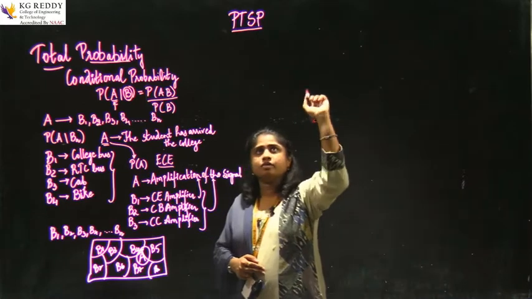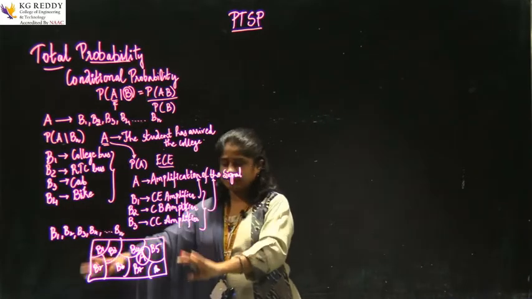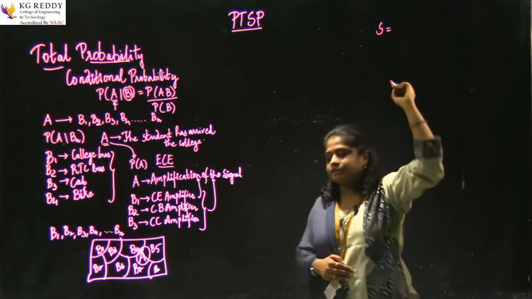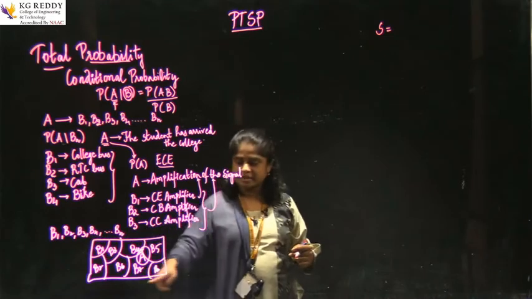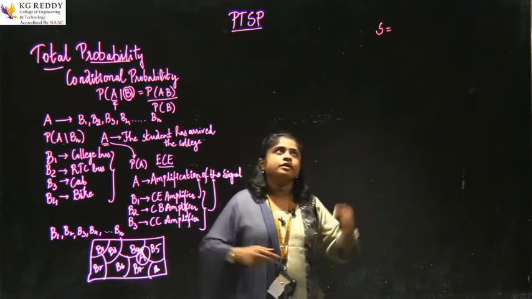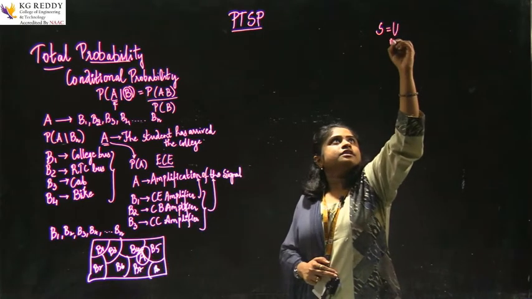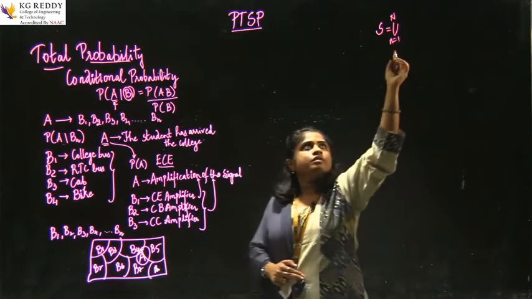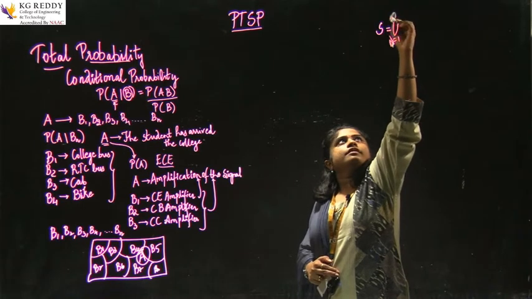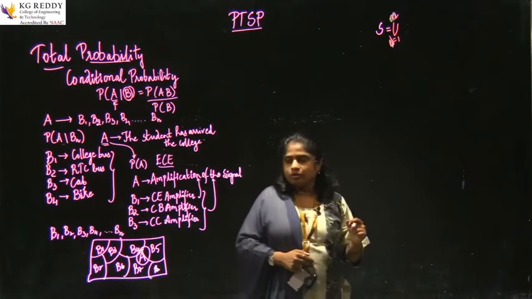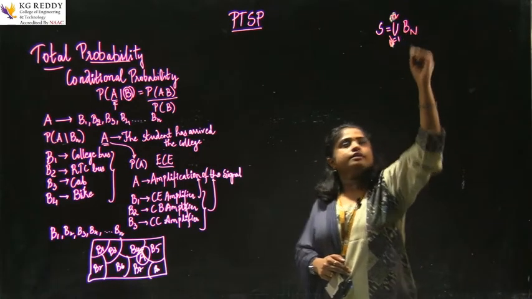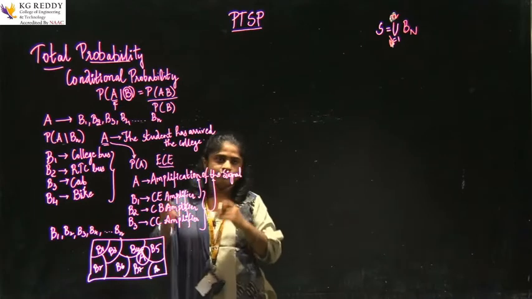Now, this is the complete sample space. How can I write this complete sample space? It is nothing but the union of all the events of B. So I will write it as the union from n equal to 1 to n of Bn, where n can be anything from 1 to n.